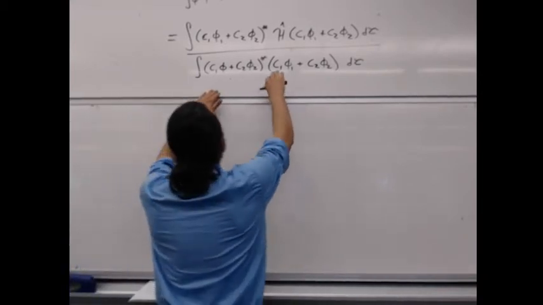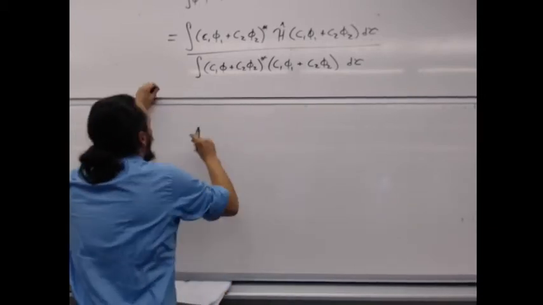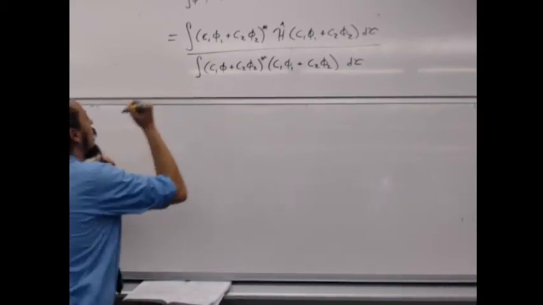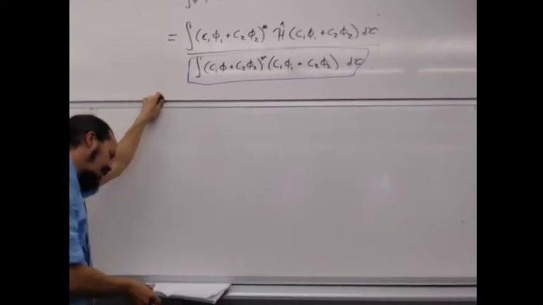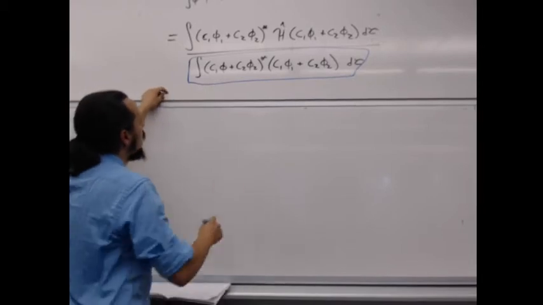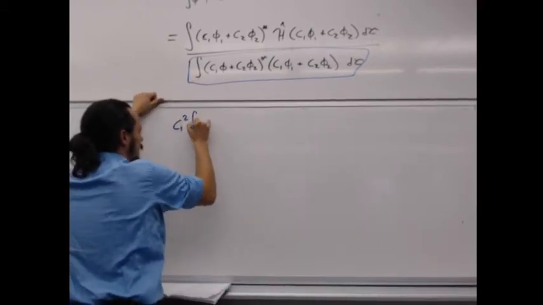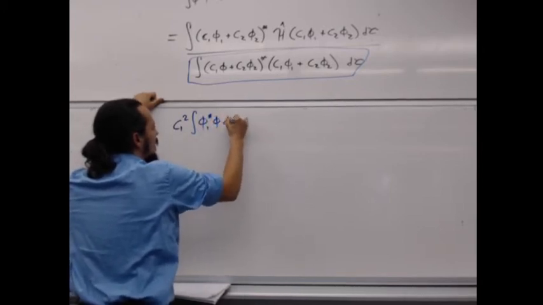When I extrapolate this out, I'm going to look at the bottom first. I'm going to end up with a bunch of integrals. I'm going to end up with a C1 squared integral of phi 1 star phi 1 d tau.